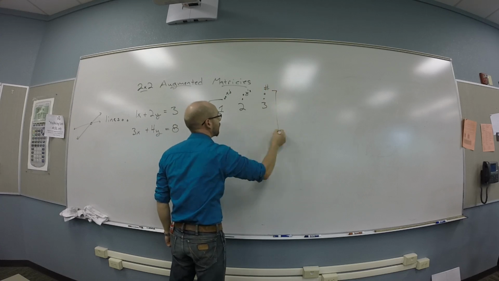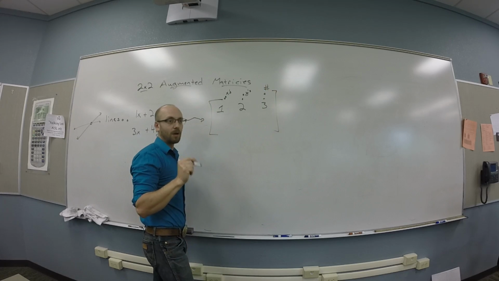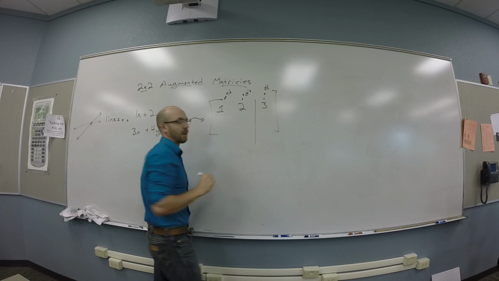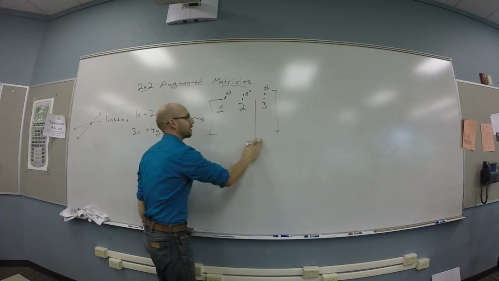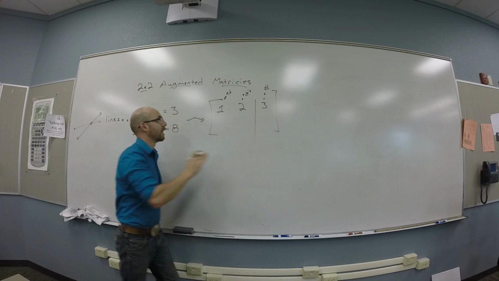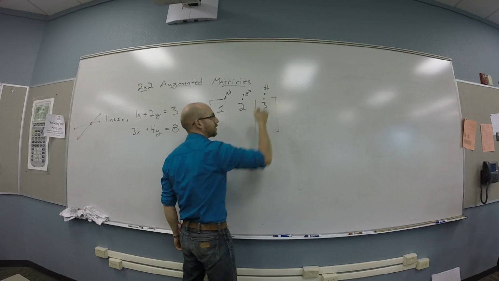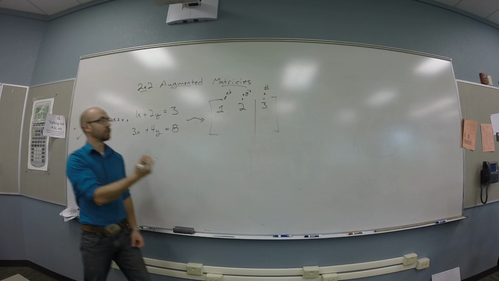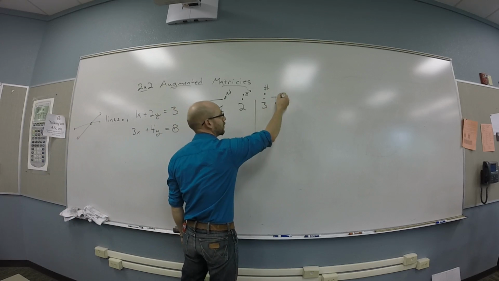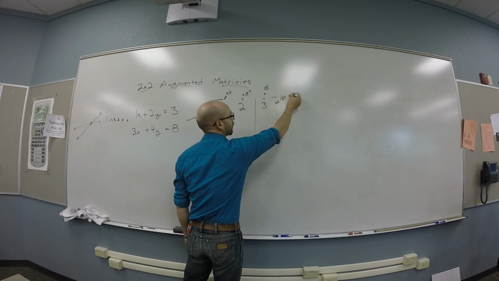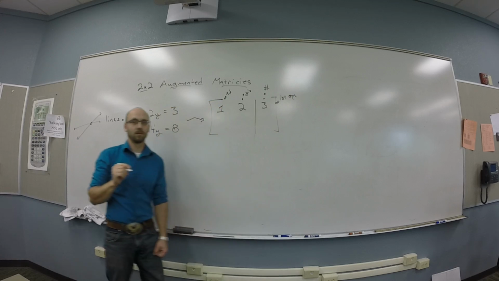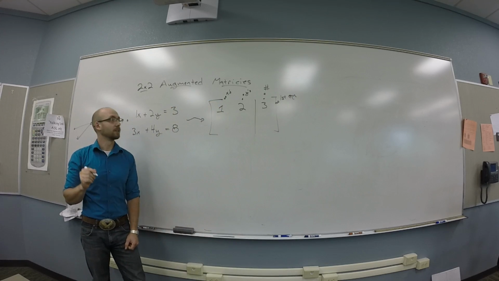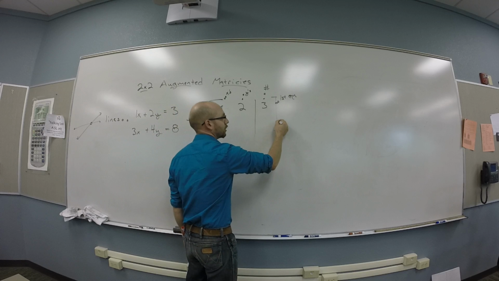You guys cool with this? Cool. I'm going to separate those two with kind of an equal sign, so that's just for me in my head to separate the numbers from the variables. Cool? So that whole first thing is just a condensed version of the first equation. Guys cool with that?